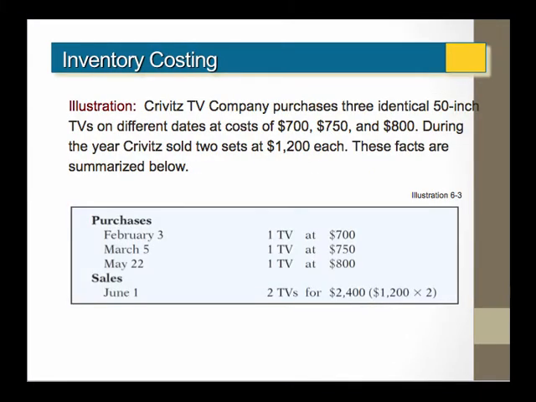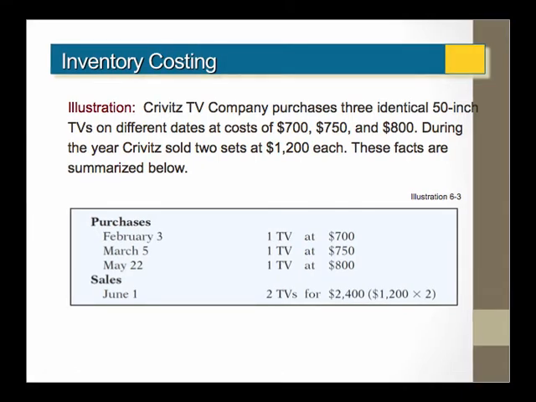Here's an illustration. Crivets TV Company purchases 3 identical 50-inch TVs on different dates at costs of $700, $750, and $800. During the year, Crivets sold 2 sets at $1,200 each. These facts will be summarized below.